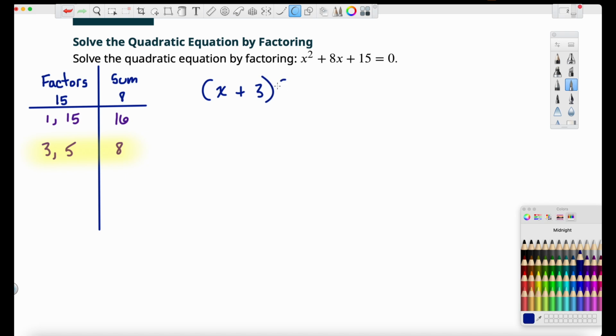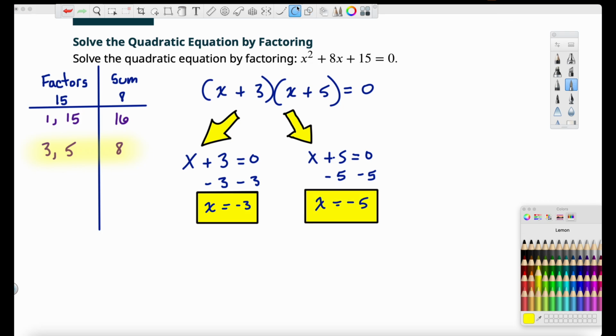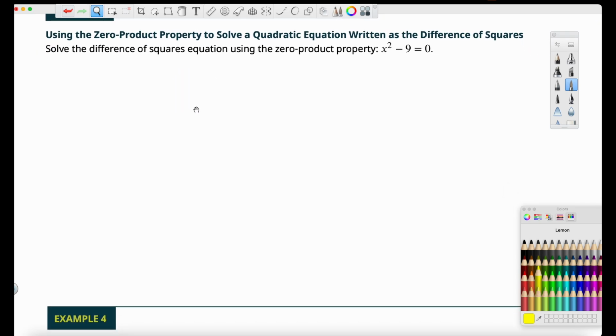And I'm going to set up my two binomials. Now I'm thinking, what makes the parentheses, the quantity 0, so I'm going to set up x plus 3 equals 0 and x plus 5 equals 0, and then solve for x. I get -3 and negative 5. And that's our solution. And we could check this, but I think I'm going to move on here.